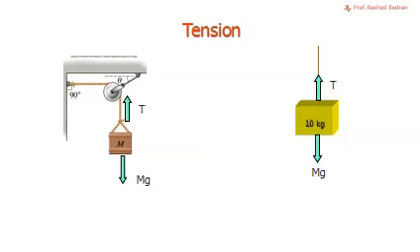The tension as an example of a contact force can be seen in these two diagrams. The diagram to the right is a rope holding the object stationary against the force of gravity, and the tension in the rope is upward. While in the one to the left, the rope is also attached to the mass, but it goes through a pulley and then to the left, and it's fixed on the surface here.